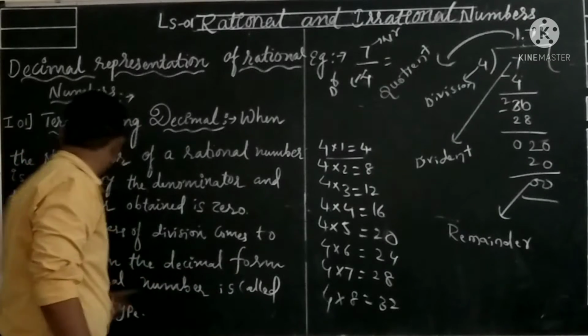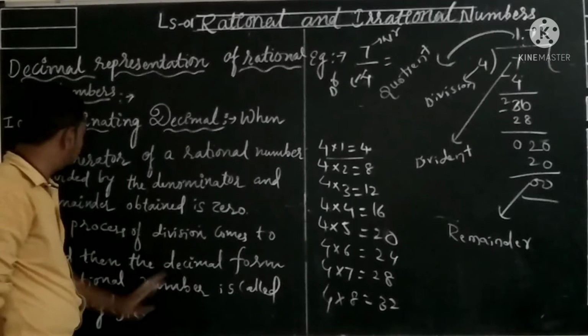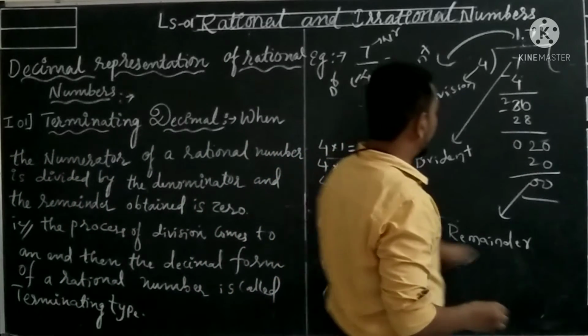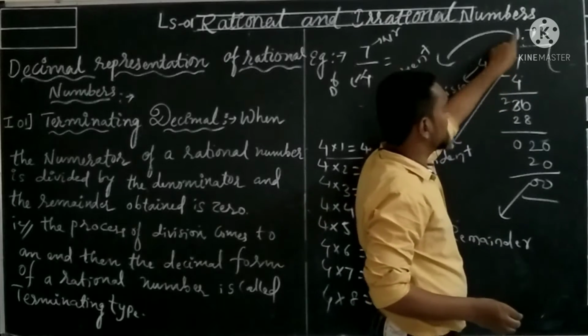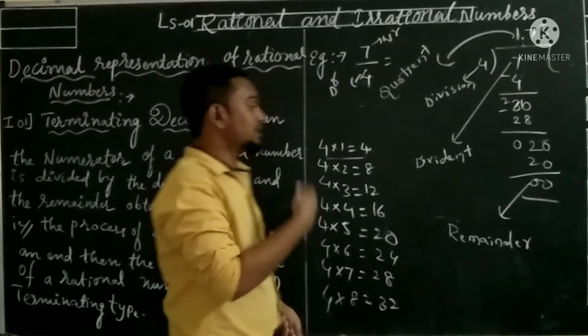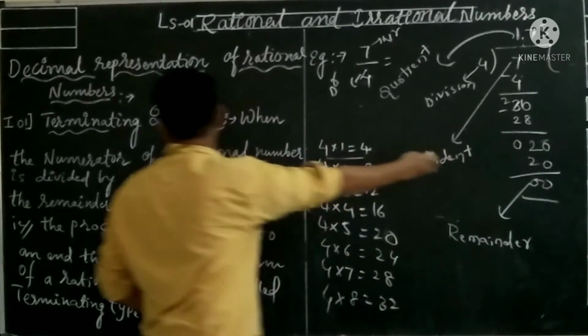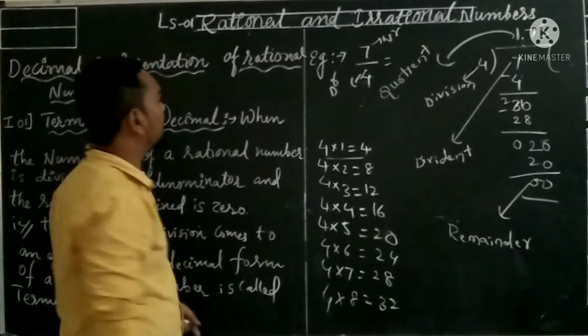Then the decimal form of the rational number is called the terminating type.